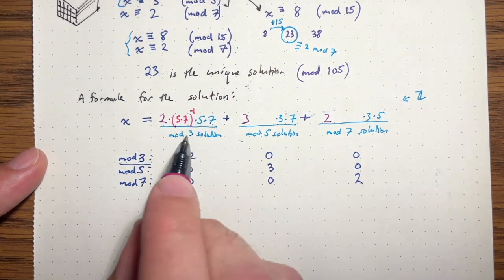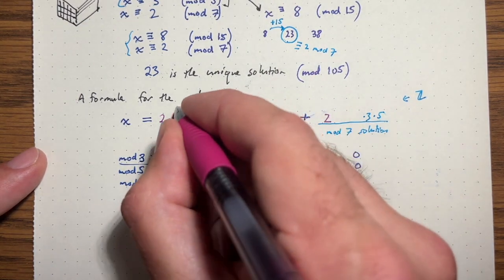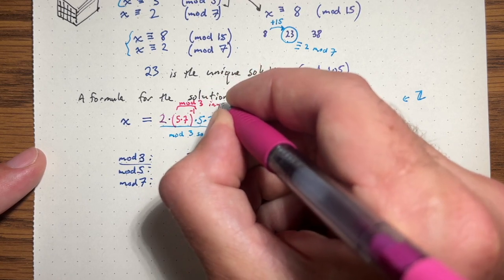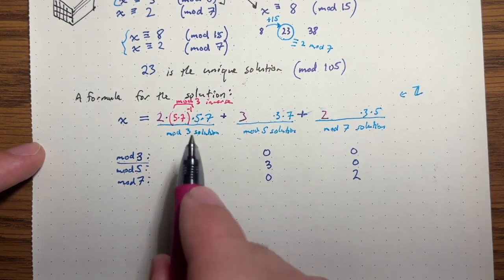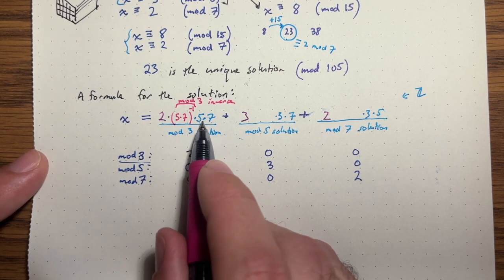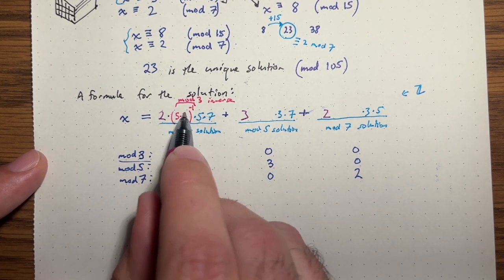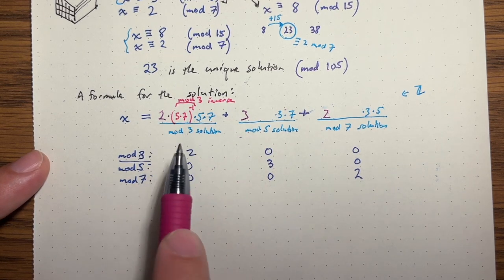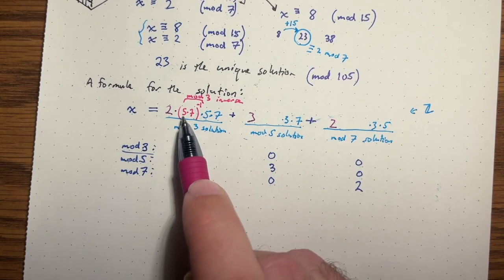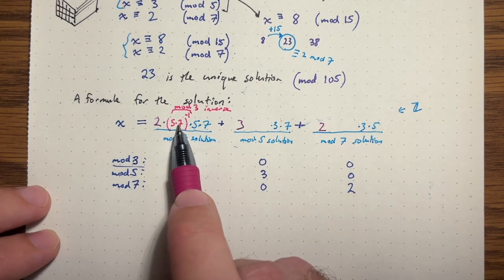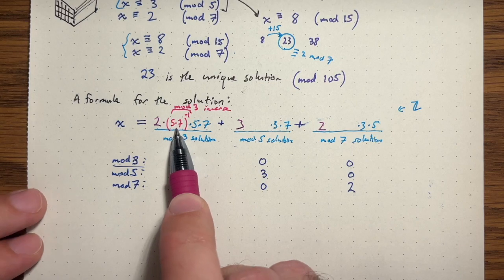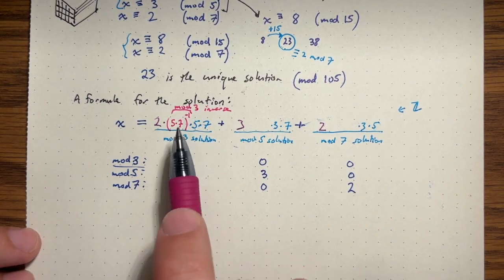So I want this to be a mod 3 inverse. 5 times 7, 35, that's not an invertible integer. There's no multiplicative inverse for that. But I want to take the inverse of this modulo 3. I know that this will have an inverse modulo 3 because in the previous lecture we established that a number is going to be invertible modulo 3 if it's coprime with 3. And this is certainly coprime with 3.